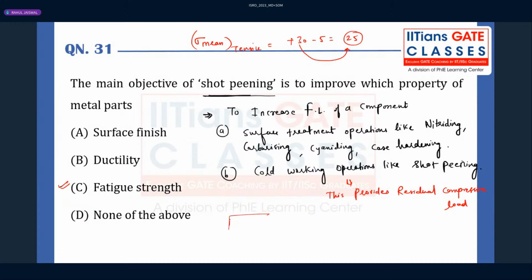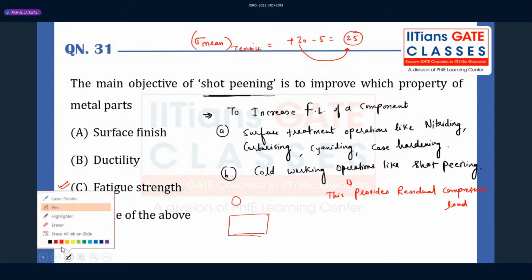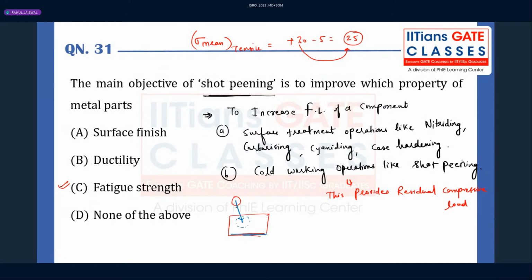Now, what is the shot peening process? Let's say any component we have, and any ball, if I'm talking about a random operation, there is a ball which is being thrown at a very high impact force on the surface of a component. When it impacts the surface, it will introduce some compressive load, and because of the compressive load, some plastic deformation will happen, and then it bounces back again.